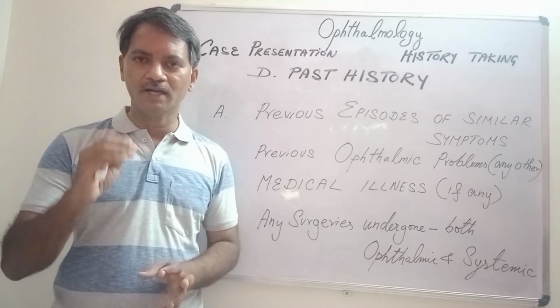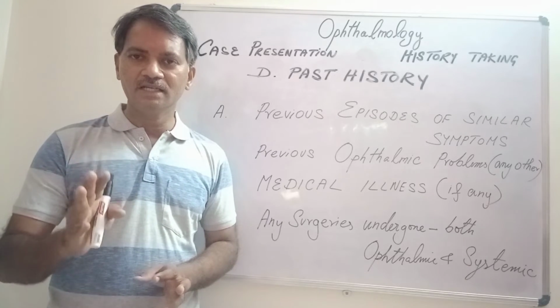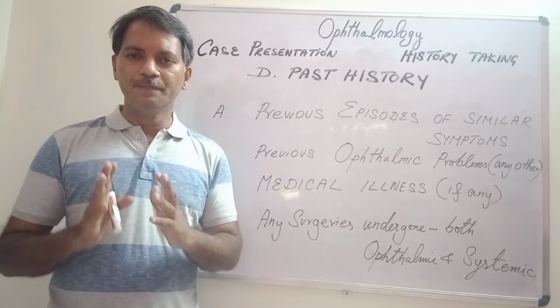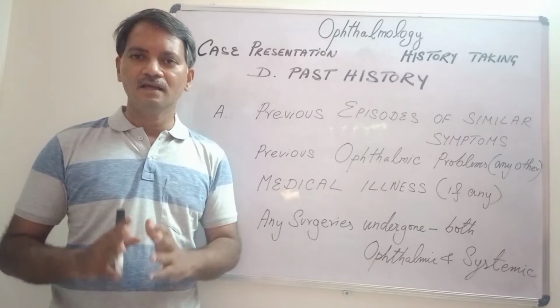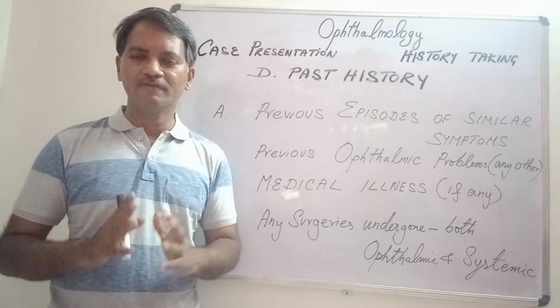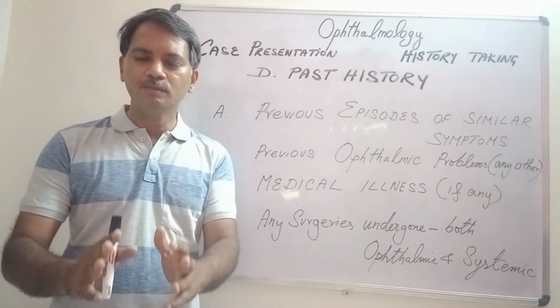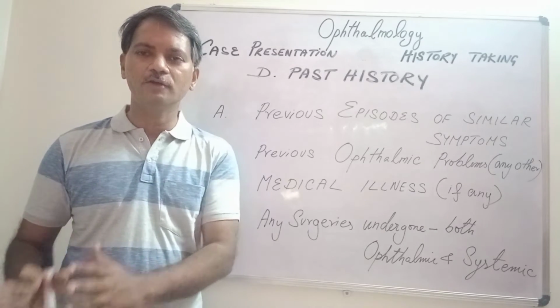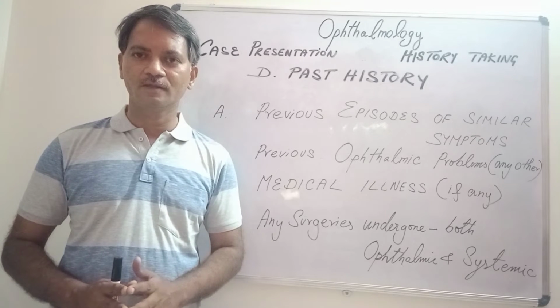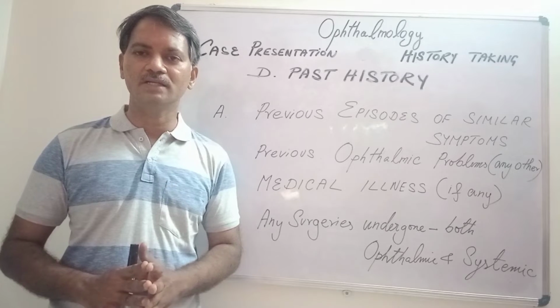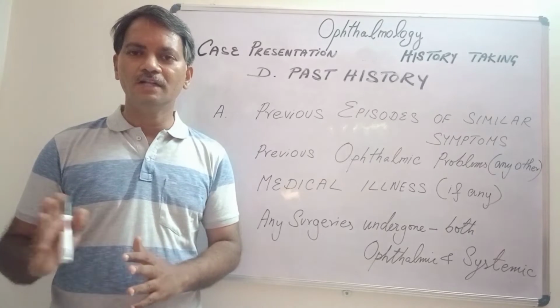Now what you understand is itching is present in allergic conjunctivitis. If the patient had been taking drugs for several episodes of allergic conjunctivitis, that might have led to the defective vision now. You must be wondering how a treatment for allergic conjunctivitis leads to defective vision.